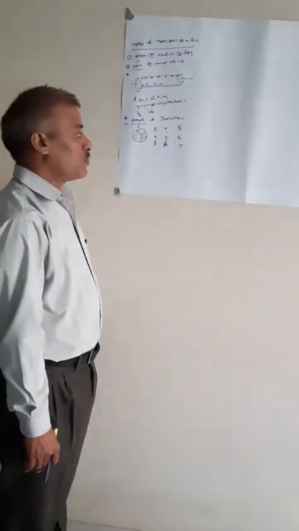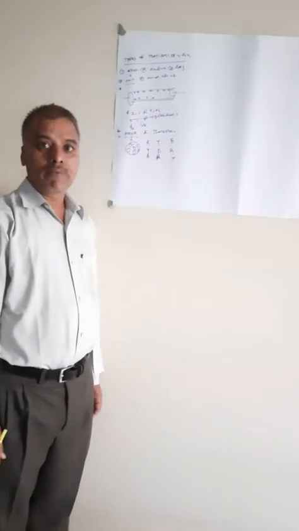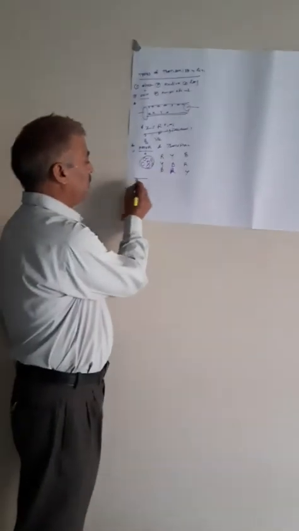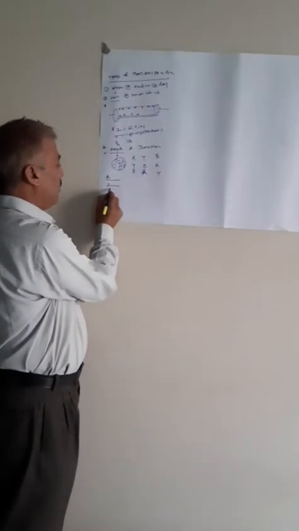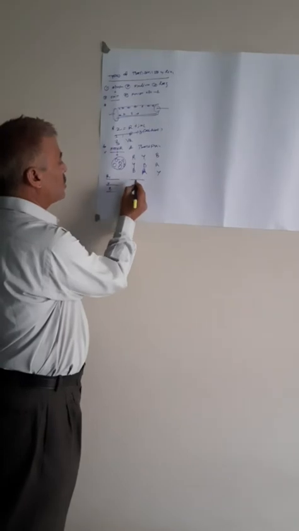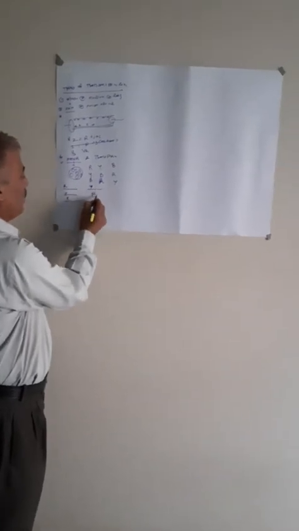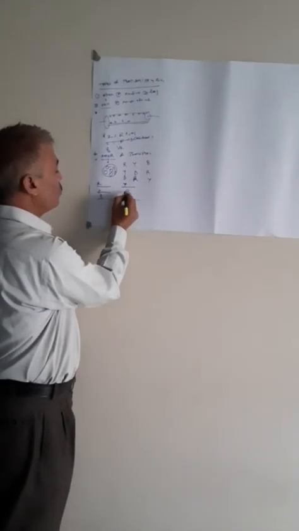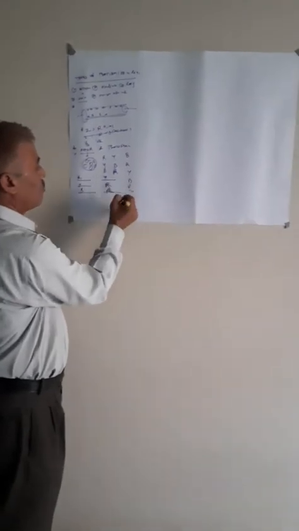The transposition of the conductor is commonly useful for different types of units. Consider the diagram. In the first case, the conductor position may be RYB, then in the second stage it may be YBR, and in the third case BRY.